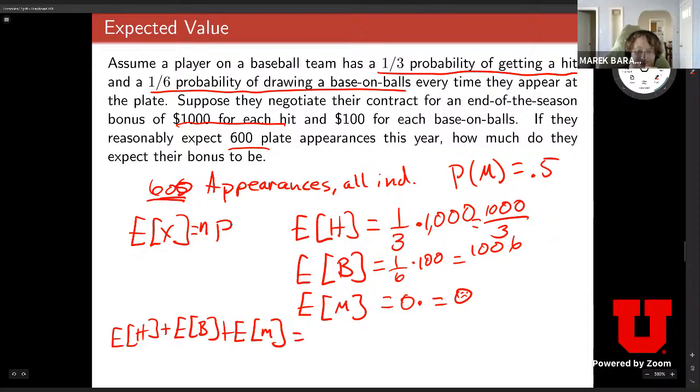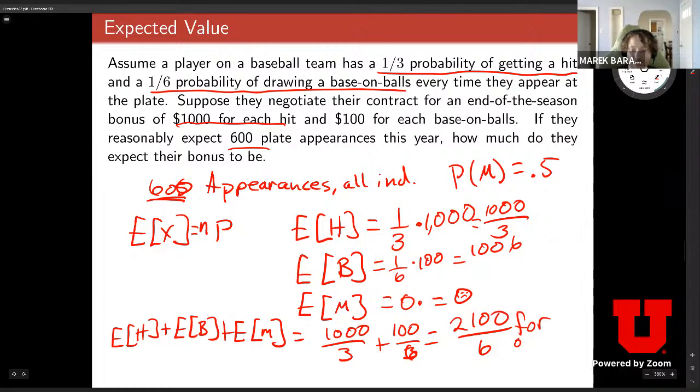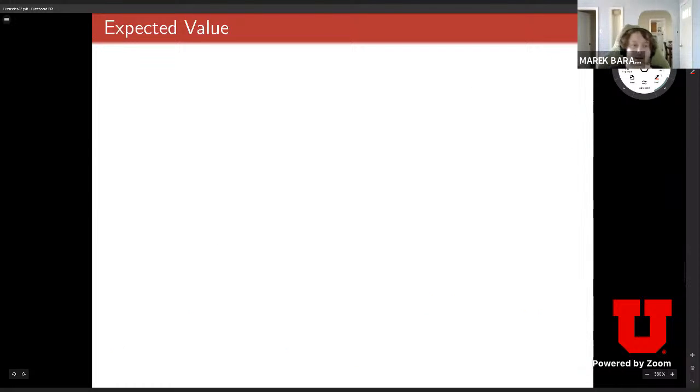Hit plus base plus miss is equal to 1,000 over 3 plus 100 over 6, and that's equal to 2,100 over 6 for one appearance.